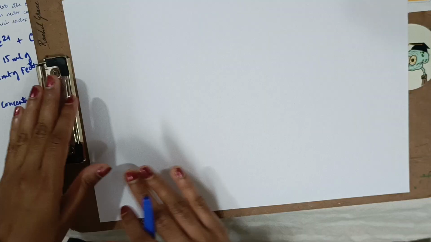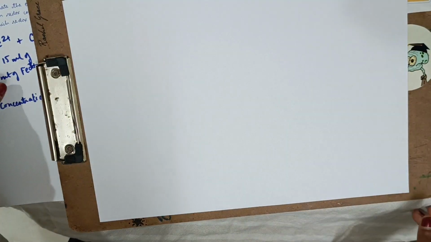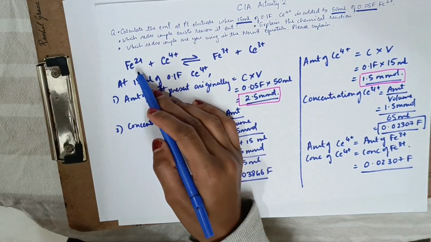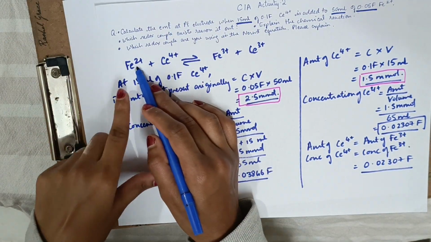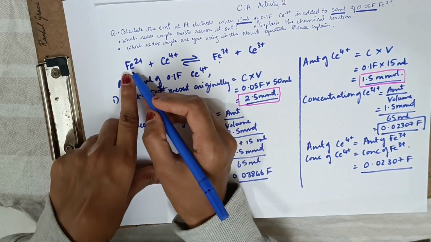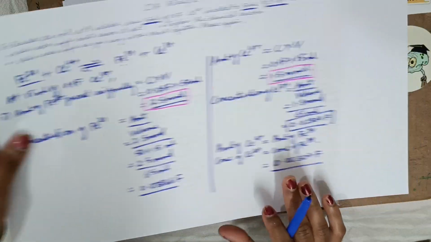So this is the next part of the calculation. After we find the concentration of cerium4+, we need to find out how much of the Fe2+ is remaining. Fe2+ is becoming Fe3+, and therefore the amount of Fe2+ would reduce. So we need to find how much Fe2+ is remaining.